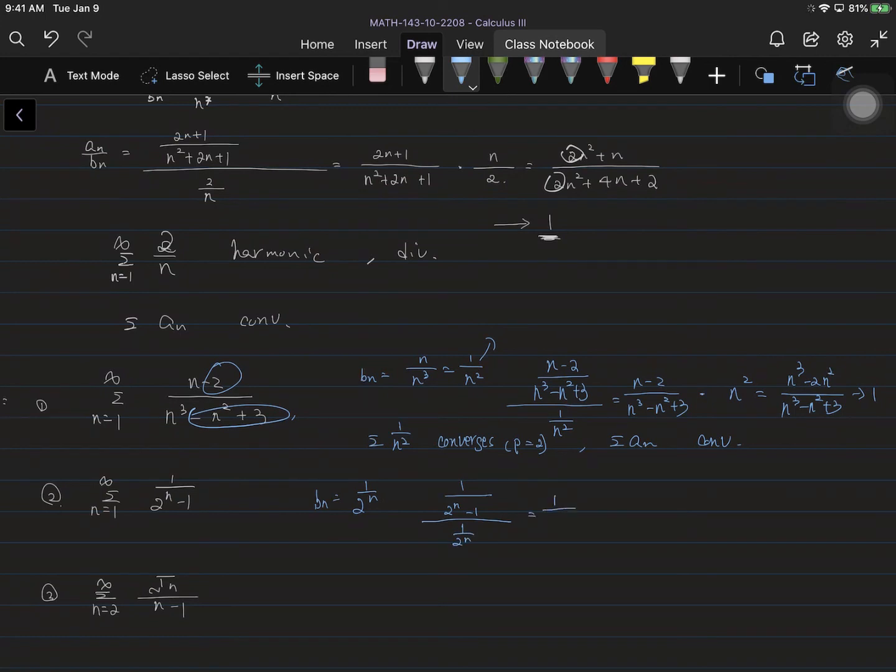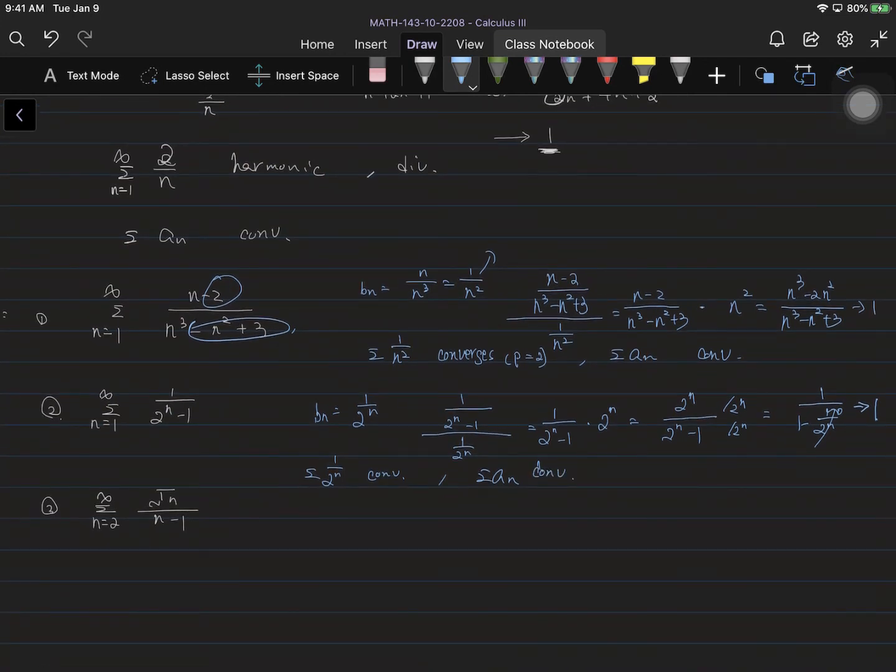Simplify. Most of the time we just simplify, right? Now we divide both by 2 to the n because we want to simplify. So here 1 over 1 minus 1 over 2 to the n, and this goes to 0, so the limit of the whole thing goes to 1. Same thing, they both converge or diverge. And because this is a geometric series, it converges, so our series converges.